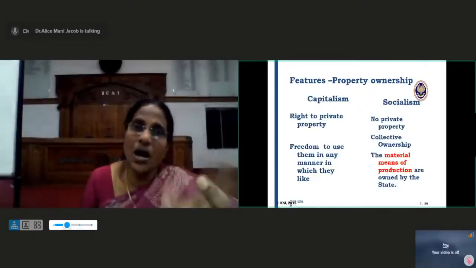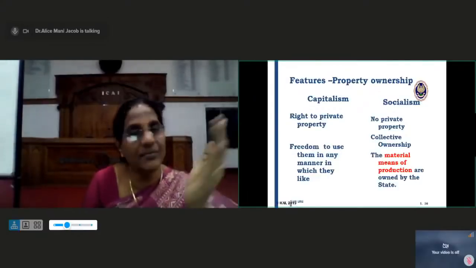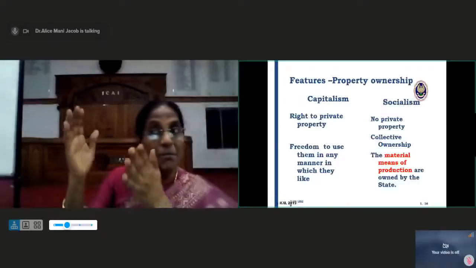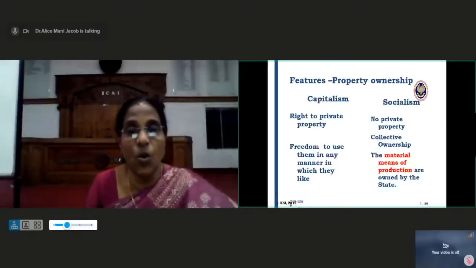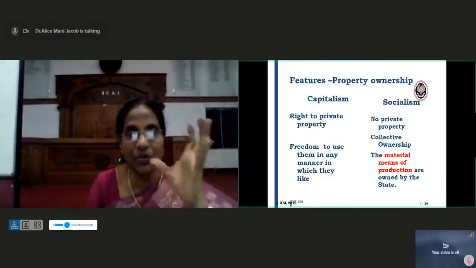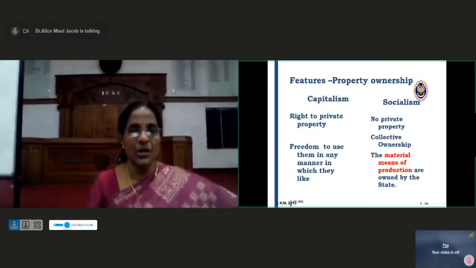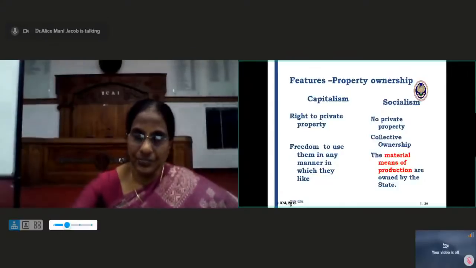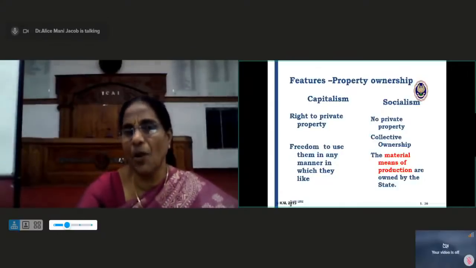Your house, your food, your mobile phone, everything you can own, but the means of production is totally owned by the government. It is collective ownership. You are also an owner, but the state is the owner. You cannot have private property.